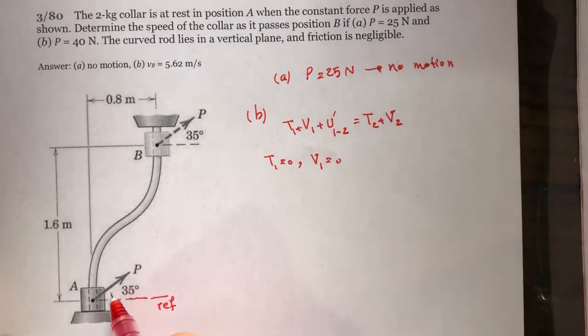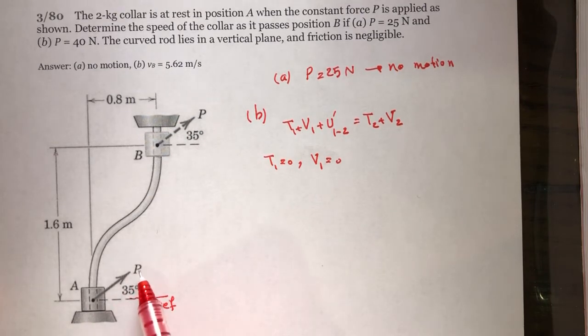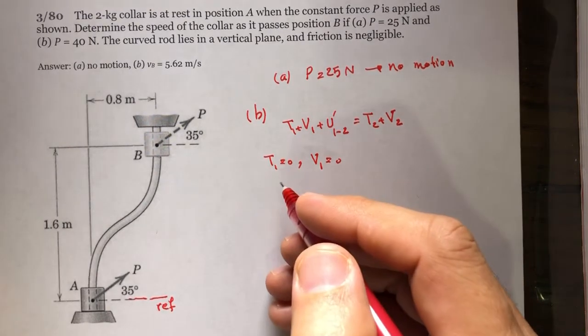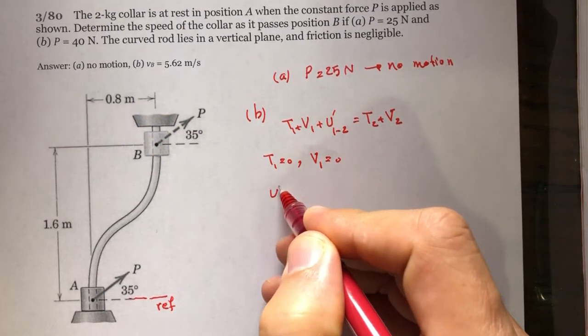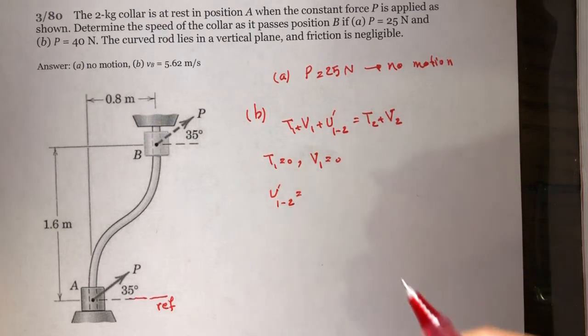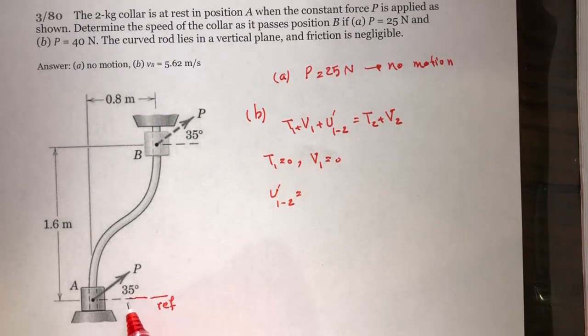But the work of this force P is not equal to 0. Force P always has a component in the x direction, which is equal to P times cosine of 35. And also it has a constant component in the y direction, P sine of 35. Based on the previous lecture, U prime 1 to 2 is going to be the force in the x direction times displacement in the x direction.